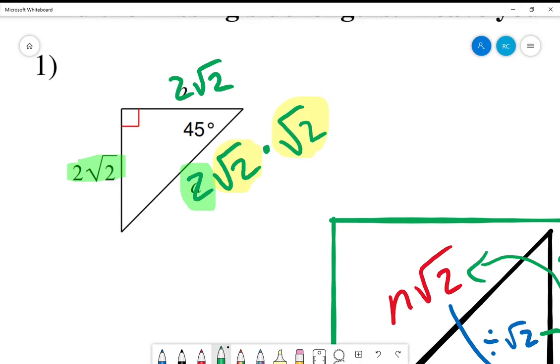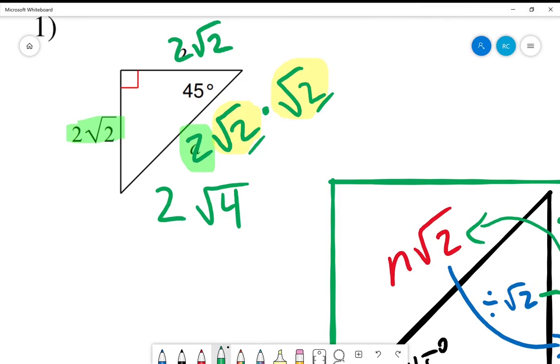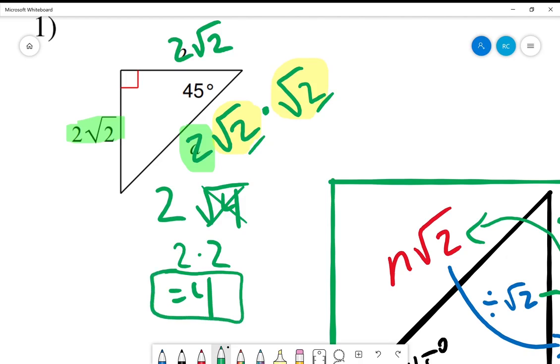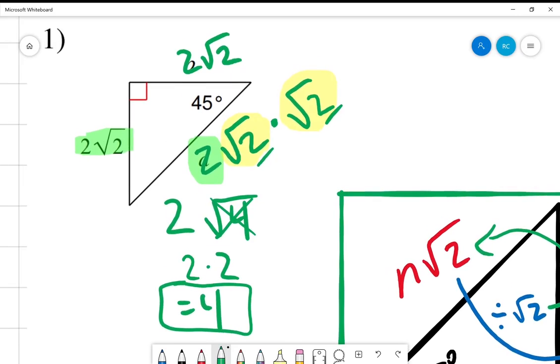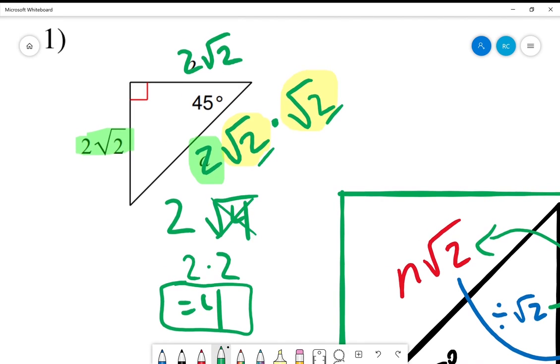So this 2 doesn't have anything to multiply with because it's the only whole number being multiplied. Square root of 2 times square root of 2, that's the square root of 4. Well, we know what the square root of 4 is. That's 2 times 2. The final answer is 4. Take a moment. I went through that pretty quick.